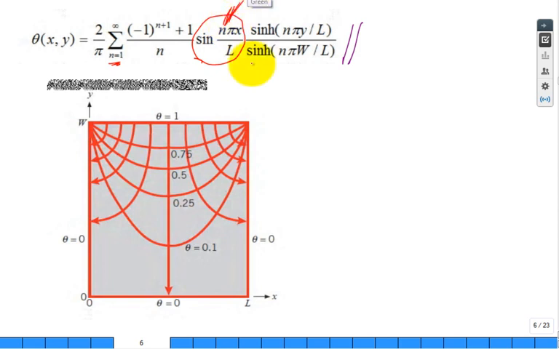And then what do we have here? Sinh. Hey, our old friend the sinh. So you saw it before, EA2. You saw it again in last lecture. So here we have a series summation. So it's sinusoidal in the x, and it has a sinh form in the y.